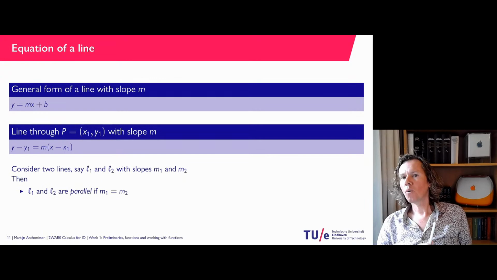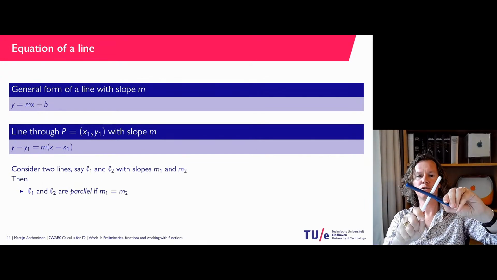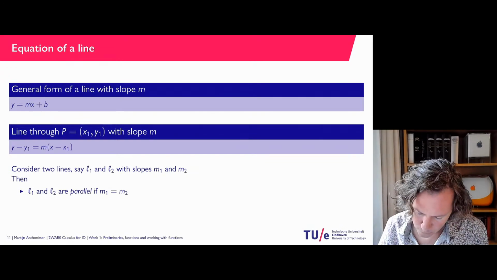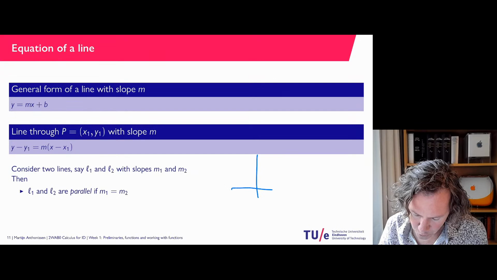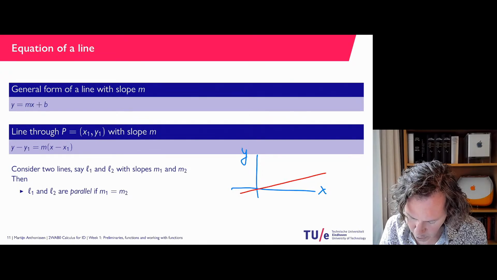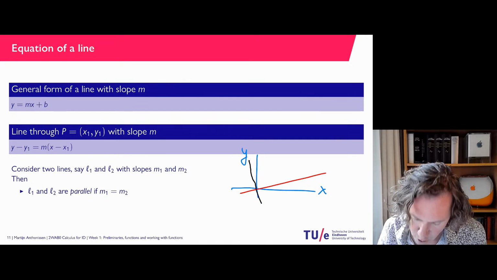If you want to know what the relation is if they make a 90-degree angle, so like this, then if you puzzle a little bit, you could draw x and y axes, and draw a line like this, and then the line orthogonal or perpendicular to it is this one here.